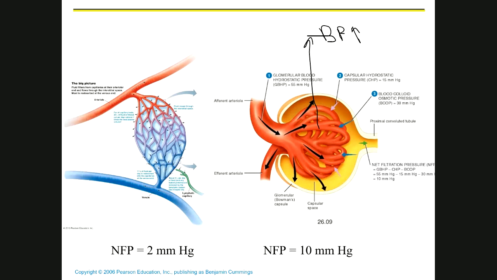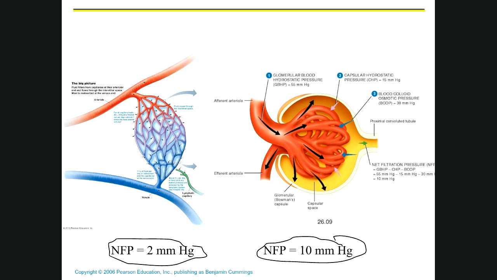And if I figure out the net filtration pressure here, it's not 2, it's 10. So instead of getting 3.5 liters pushed out per day, I get 180 liters pushed out per day. Does that make sense? Any questions?